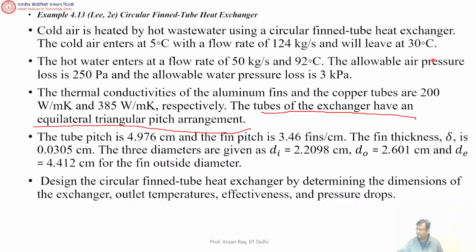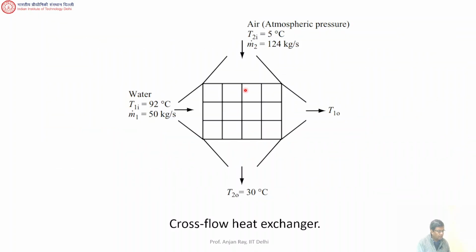Air we already have, no? In that factory we have air at a very low temperature, 5 degrees Celsius. Maybe the ambient temperature is quite low. So you get 30 degrees Celsius is what you want. And hot water is at 92 degrees Celsius, right? This is where we started. Actually, we should look at this figure.